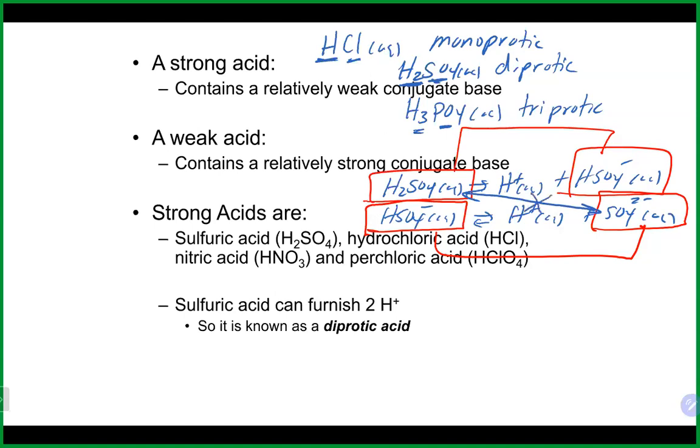They are not pairs. That is more than one hydrogen. So although they are related to each other in the sense they do come from the same thing, they are not conjugate acid-base pairs because H2SO4 and SO4 2- are two hydrogens different. And it's because they do come off one at a time. That's why these two guys are pairs and these two guys are pairs, but going directly to that end point does not make them pairs.